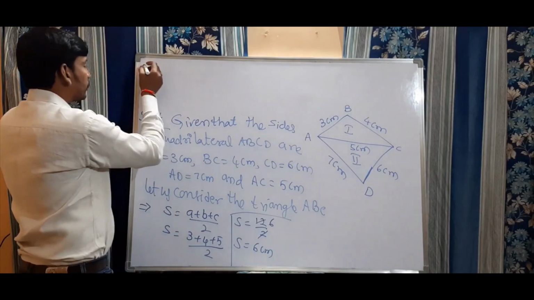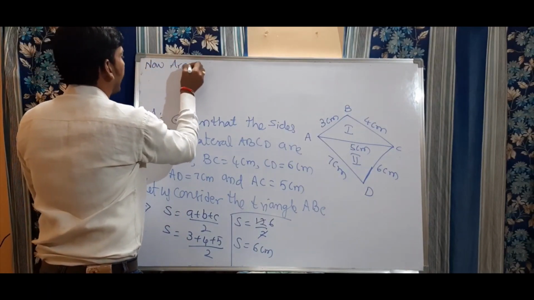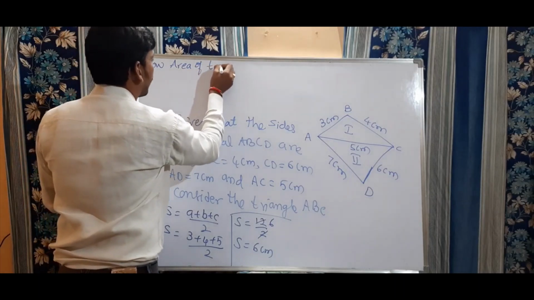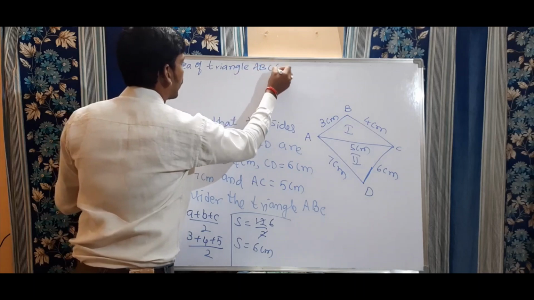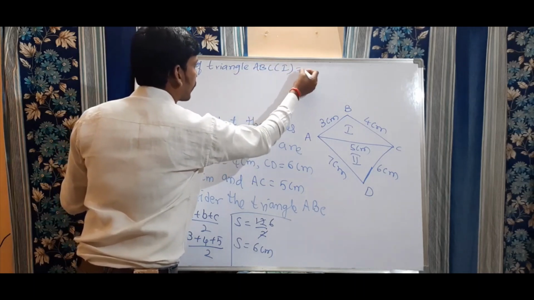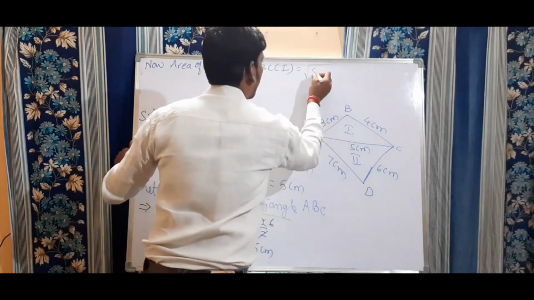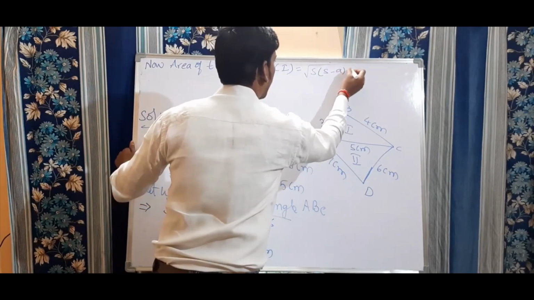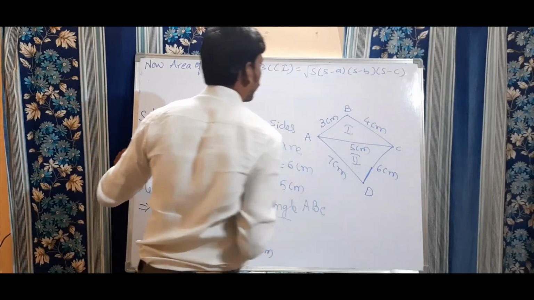So now the area of triangle ABC, that is the first triangle, is equal to, we know, under root of, what is the formula here? S into (S minus a) into (S minus b) into (S minus c). Clear?